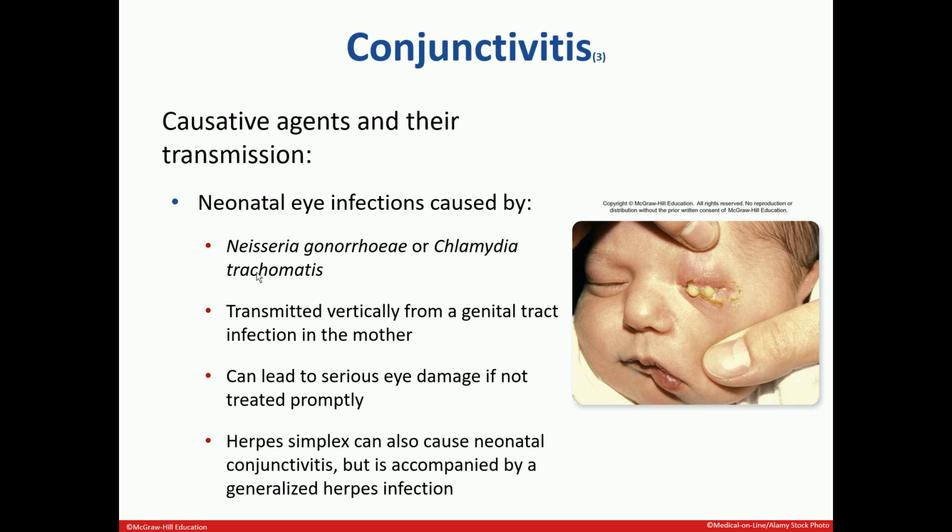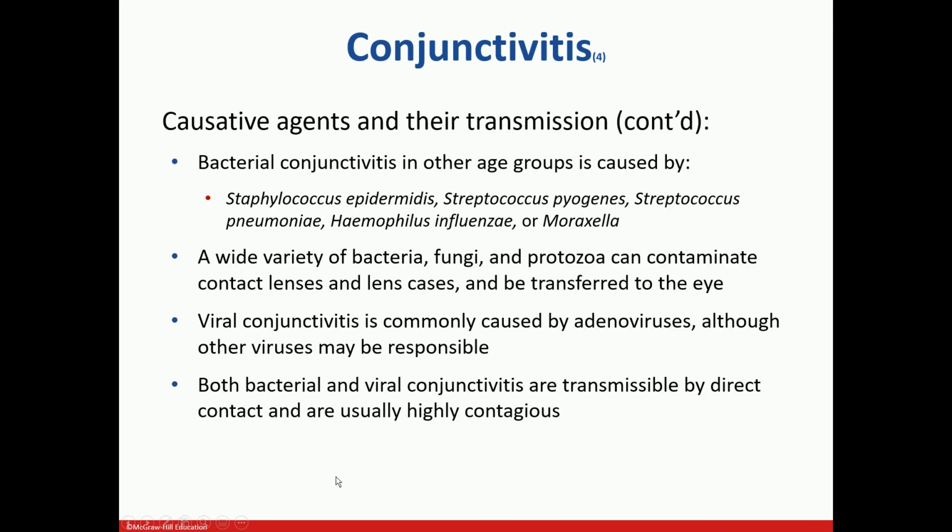From the genital tract, they can be passed from the mother to the child, and they can cause this kind of conjunctivitis in the neonates. Herpes simplex is a virus which is responsible for neonatal conjunctivitis.